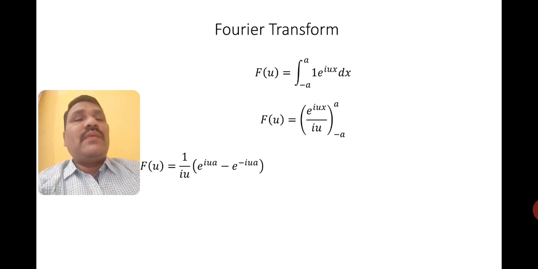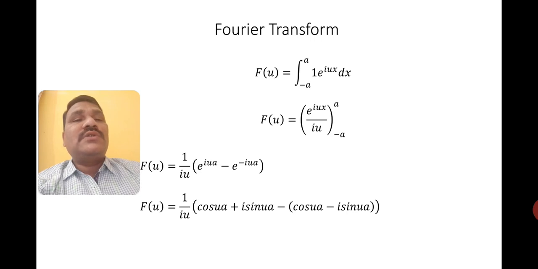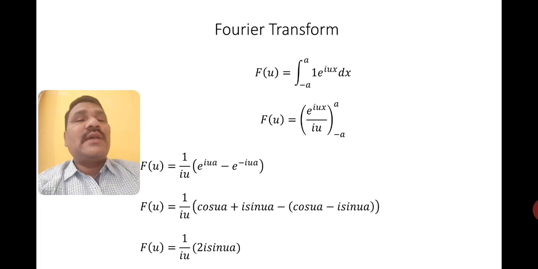Now you know what e to the power iua means, so I put cos ua plus i sin ua minus cos ua minus i sin ua. So here the minus, and cos ua minus cos ua will get cancelled. We'll get 1 by iu times 2i sin ua.